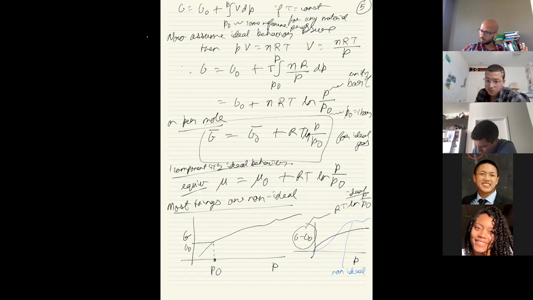So what people said then is, let's call this function, this blue curve that you get by calculating G minus G naught in the non-ideal case, RT ln F by P naught. This is how we introduce fugacity. So this F is fugacity, which varies with pressure.